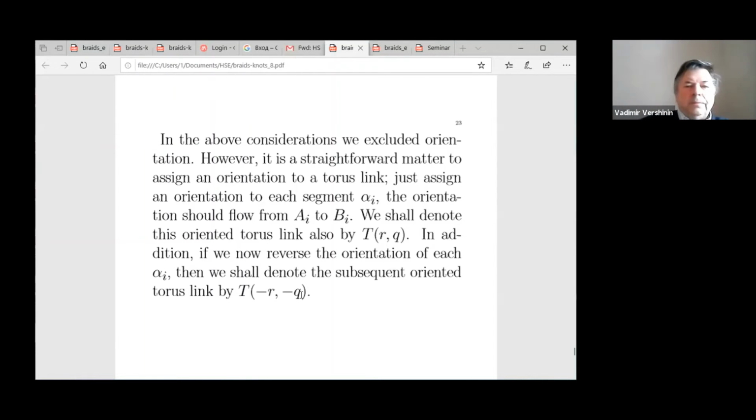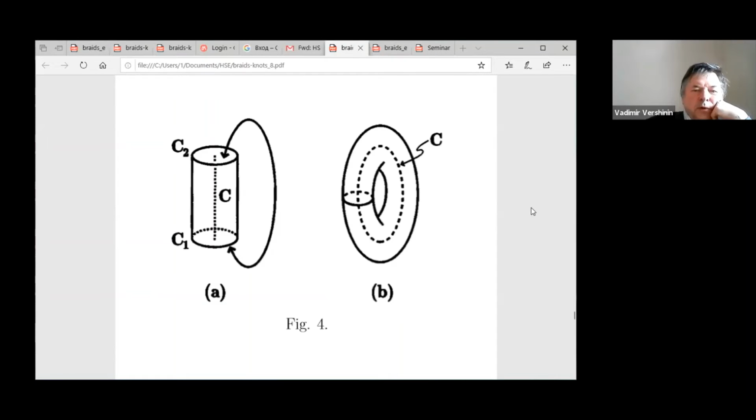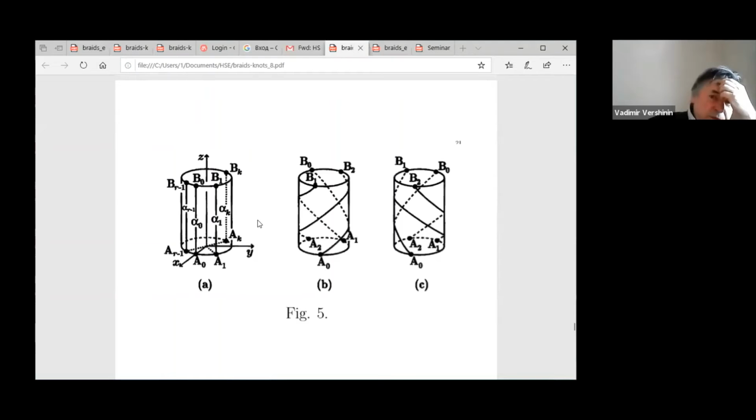If we were starting with R strings, right? We were starting with R strings. So what does it mean? That means that, look, our construction was without orientation.